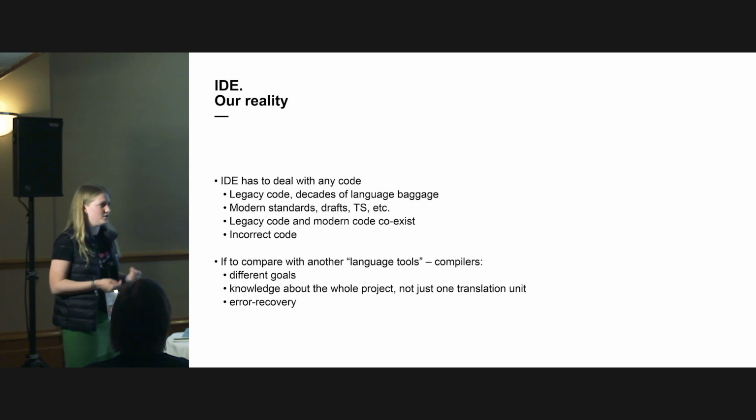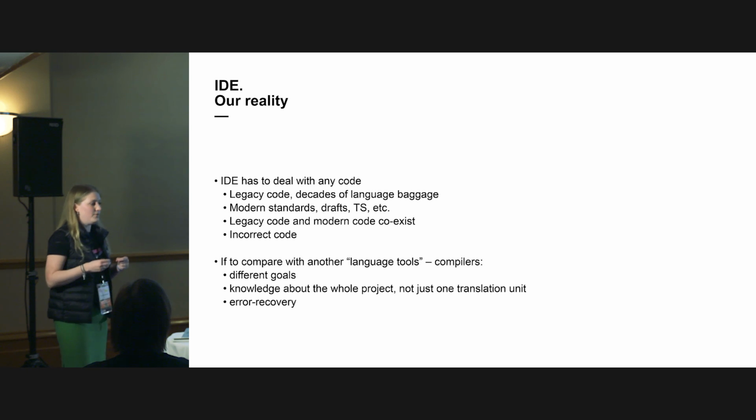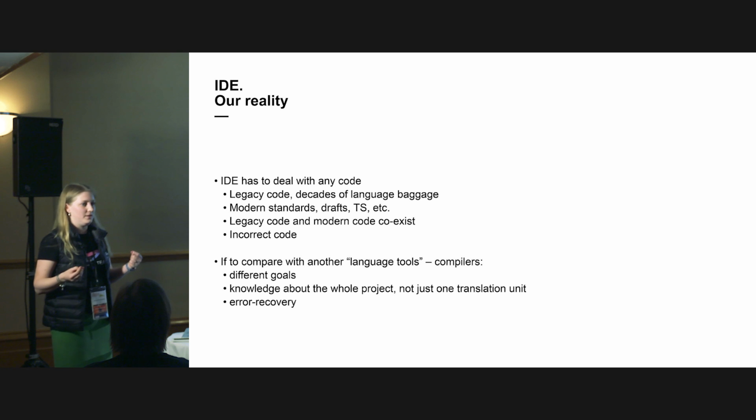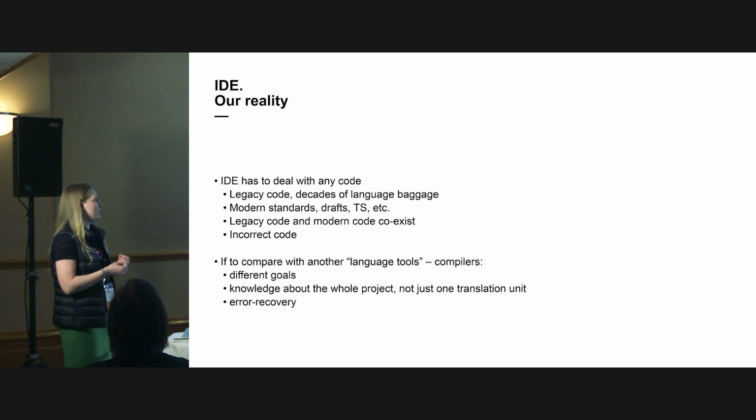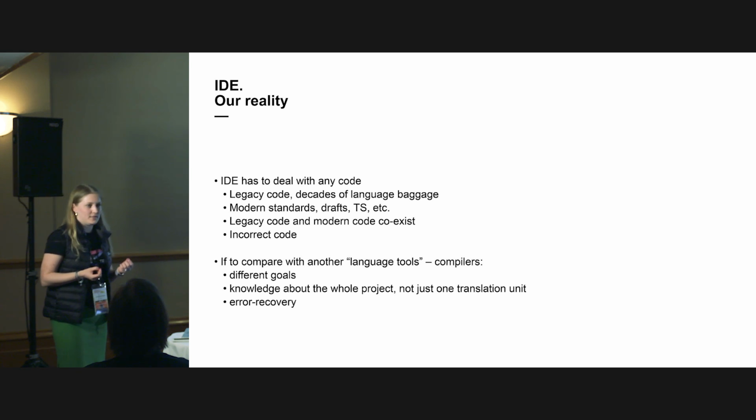They got the certification, everyone was happy, the project was paid, and for an outsourcing company, it's just a win. But if you come to an IDE, that's not something we could do. We need to deal with tons of code. There is legacy code, there is code with modern standards. Quite often they are just mixed, people are doing lots of things, and we need to cope with these things somehow.